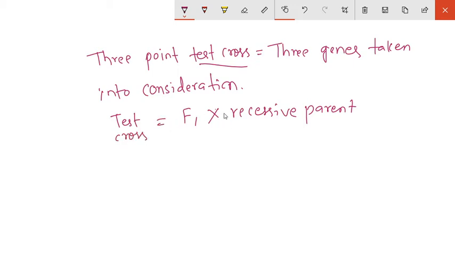Like the 2-point test cross, which means the dihybrid test cross, the 3-point test cross is known as the trihybrid cross, or trihybrid ratio.